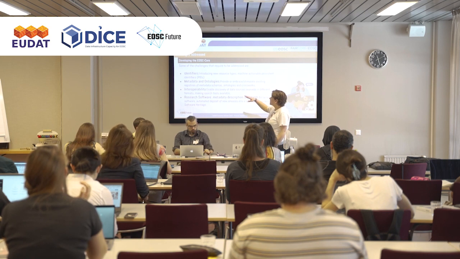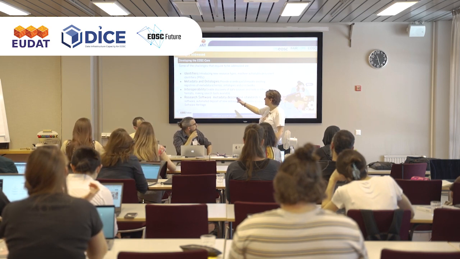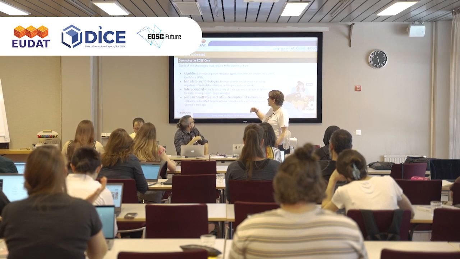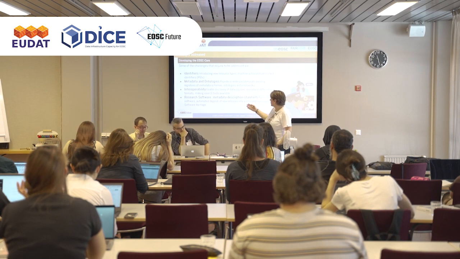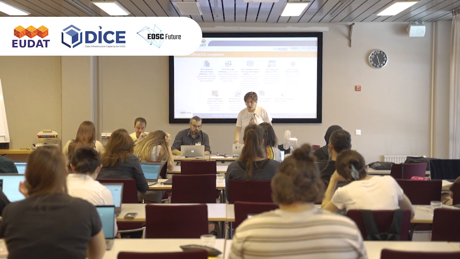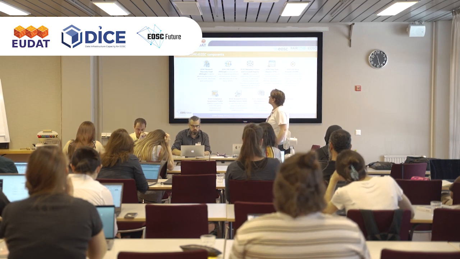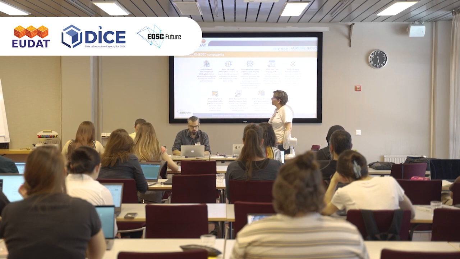Metadata and ontologies, interoperability issues, and the software heritage that we said, the research software, where you can automatically deposit the software you are using and the new releases into the repository of software heritage. These are the services that the groups in the FAIR Core for EOSC are working on.